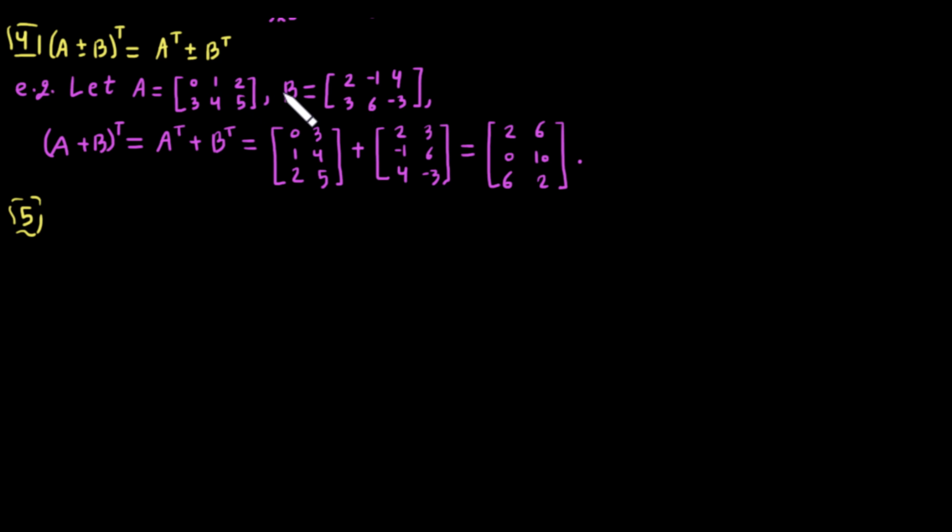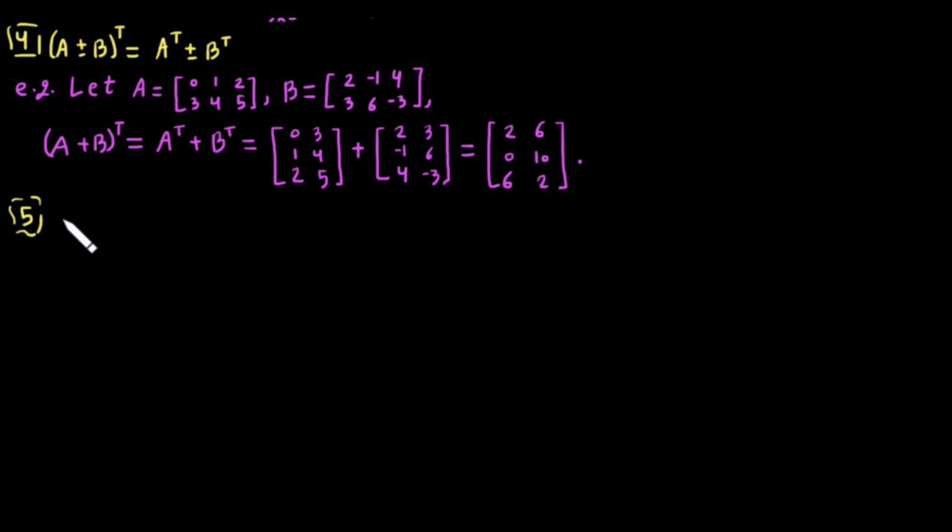You cannot add them, so they have to be the same size. As we have done in one of the videos before, if you want to add or subtract matrices, they have to be the same size. So if you choose 5 by 5, you have to write B as 5 by 5.